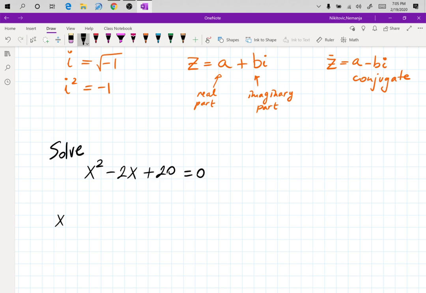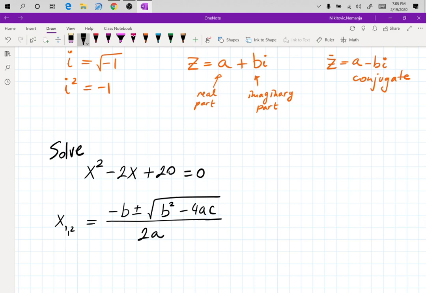Can anyone help me with this? x is equal to negative b plus minus, thank you, square root of b squared minus 4ac, divided by 2a. Beautiful.